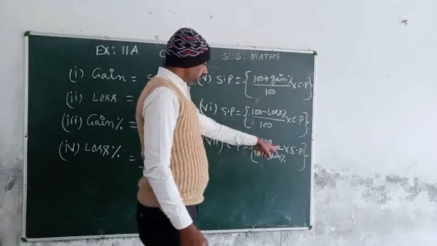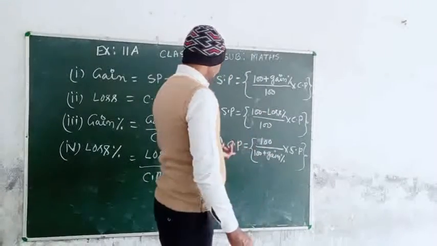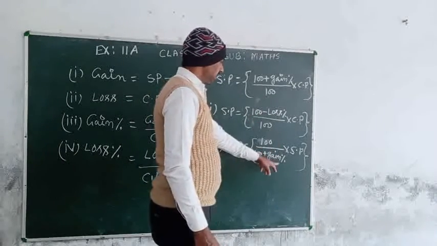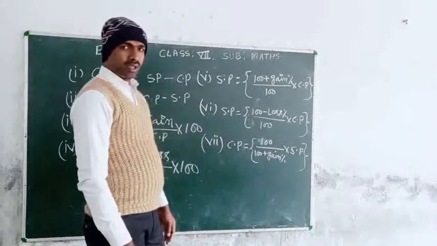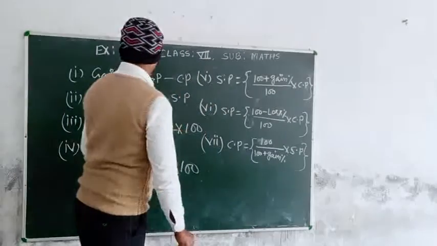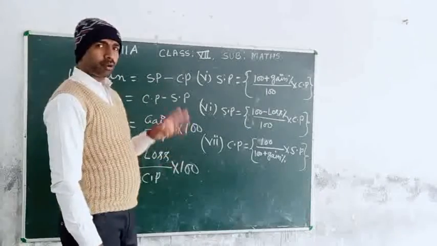When SP and gain percent are given, then we find CP by using this formula: 100 upon 100 plus gain percent into SP. So these are the formulas which are applied in this exercise 11A, chapter 11, profit and loss.